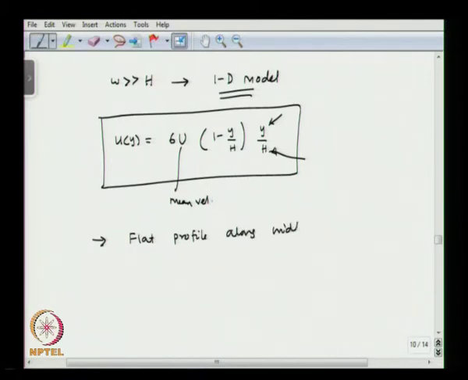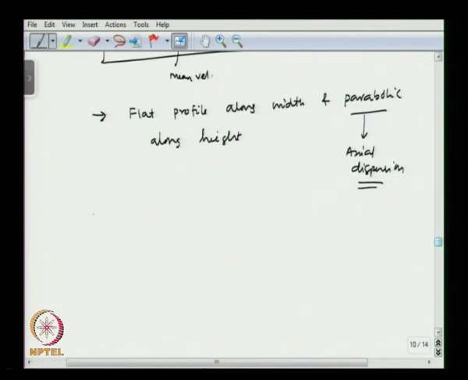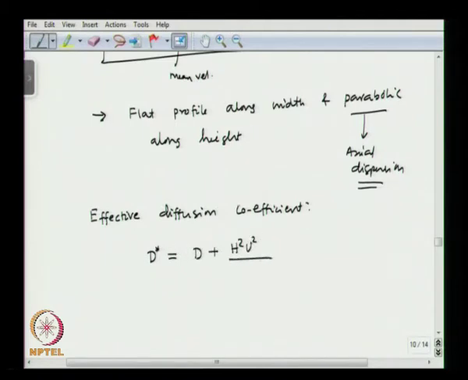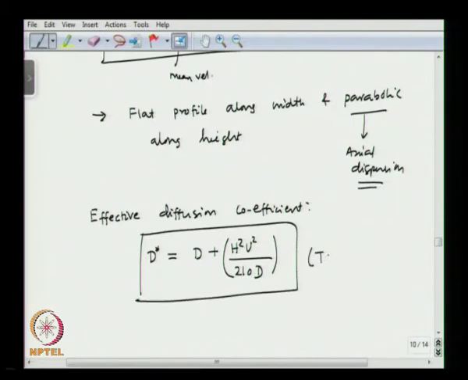We can define a parameter called the effective diffusion coefficient, which is given as d star equals d plus h square u square divided by 210 d, using the Taylor-Aris approach.